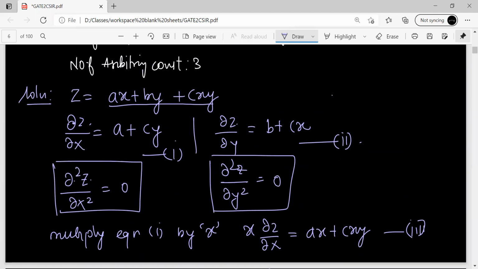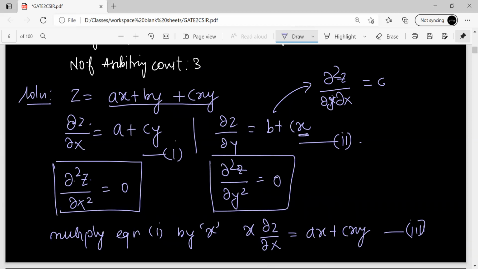To do that, I'll take help of this equation or this equation even. See, if I differentiate with respect to x, then this will be simply c, and I'll be getting del squared z over del y del x equal to just c. And even if you differentiate this one, you get the same thing because mixed partial derivatives are equal. So here I got c.